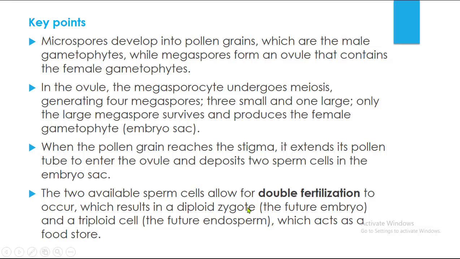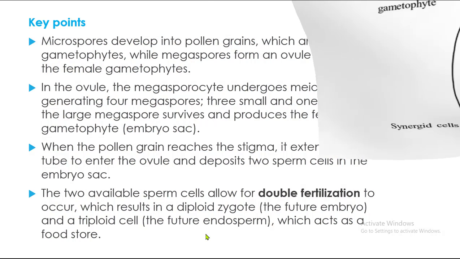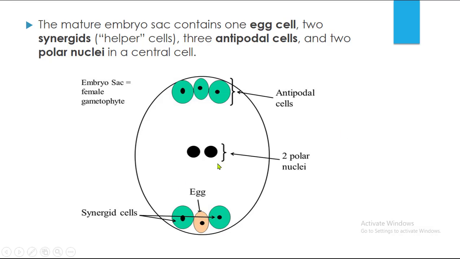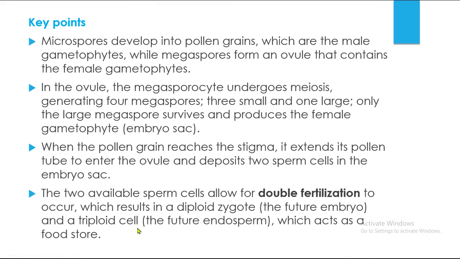When the egg is fertilized by a sperm, it produces a zygote, and the central polar nuclei are fertilized by another sperm. These are the central nuclei, n plus n, 2n. When a sperm, which is also haploid, is added, it becomes 3n. So this is a triploid cell, which is the future endosperm.